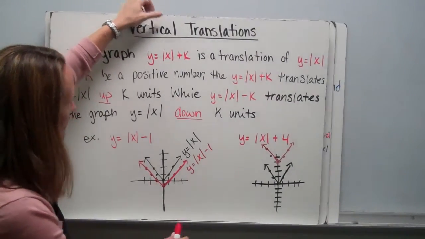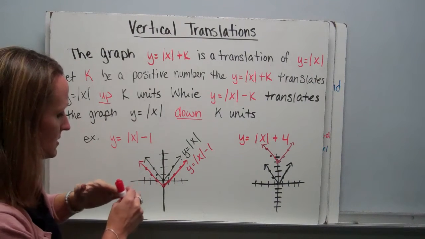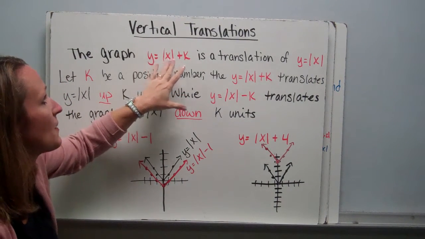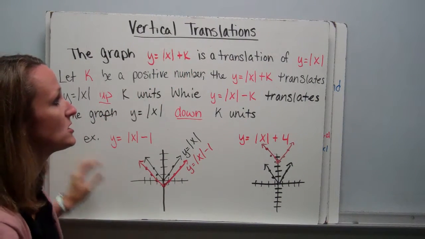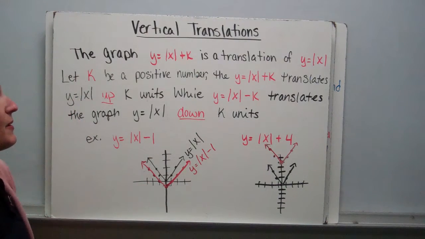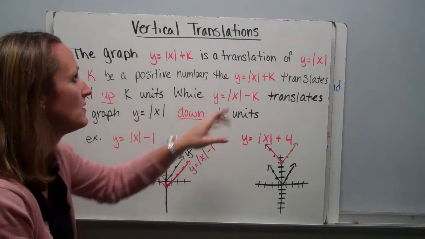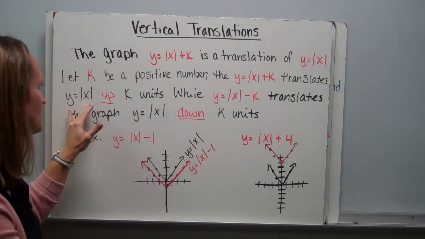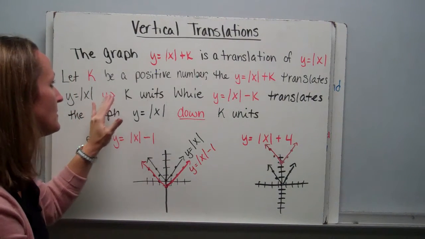Alright, vertical translations. The graph y equals absolute value of x plus k is a translation of y equals the absolute value of x. Let k be a positive number. Then y equals absolute value of x plus k translates y equals absolute value of x up k units.